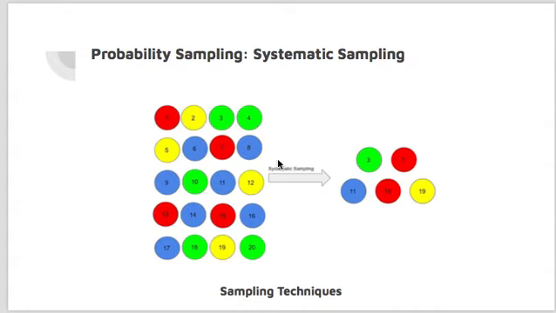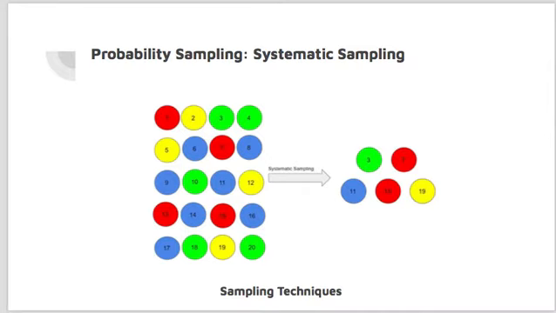Here in this diagram we begin with person number 3. 1, 2, 3, we have selected the sample, then 1, 2, 3 next person, and 1, 2, 3, 11, 1, 2, 3, 15, 1, 2, 3, 19. So systematic sampling is selecting a sample at a fixed sampling interval.